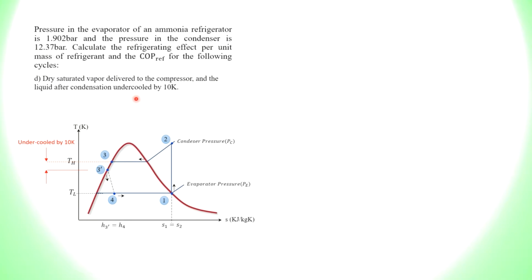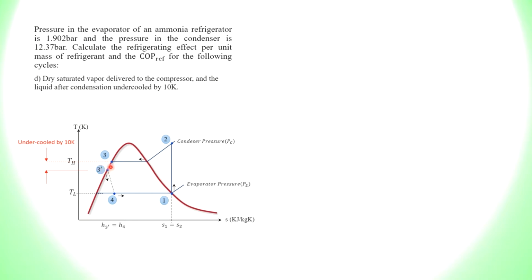Since there is an undercool or subcool, not intercooler, subcool or undercool, you have a state point 3 prime here. But in actual practice, your state point 3 prime is sitting on the condenser pressure line.